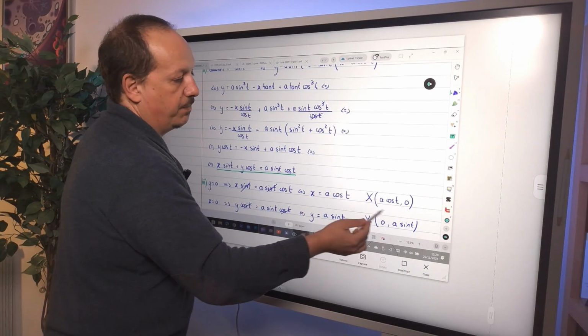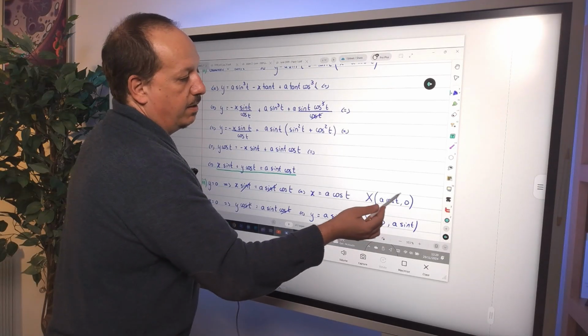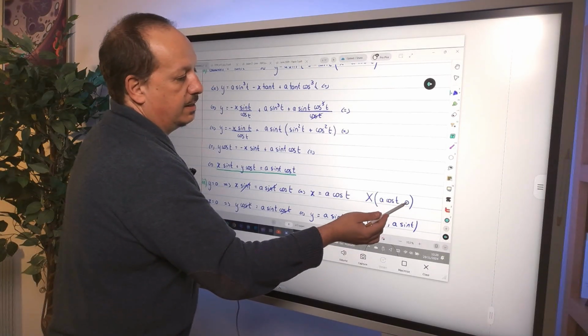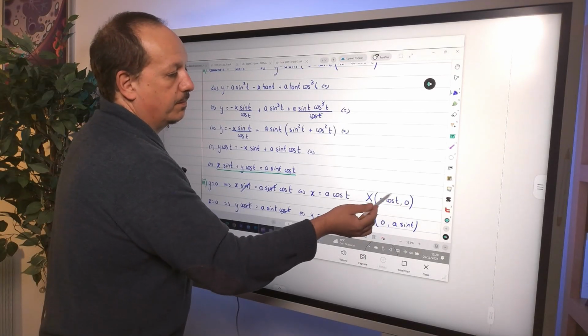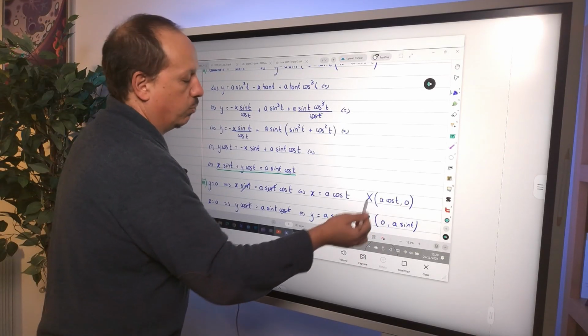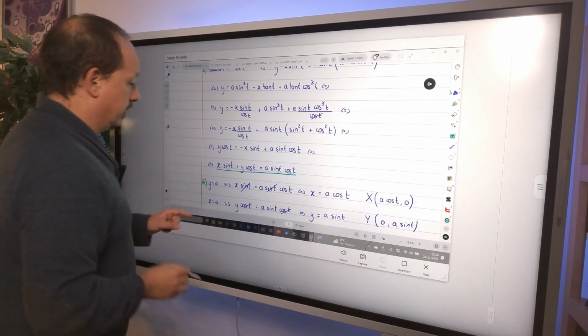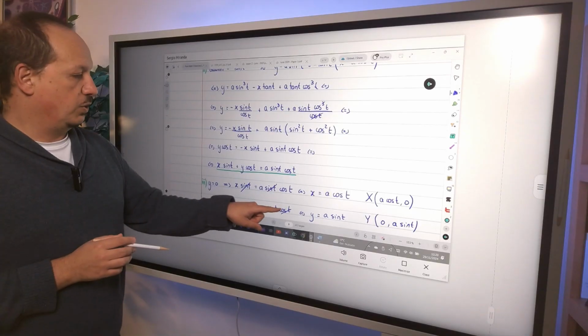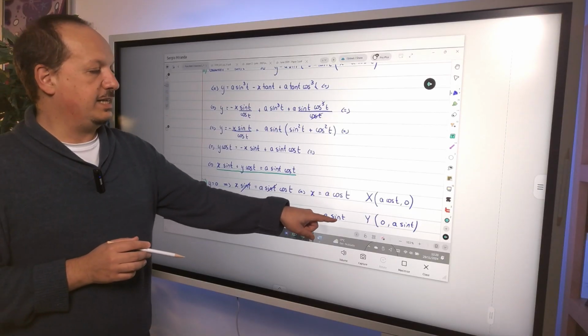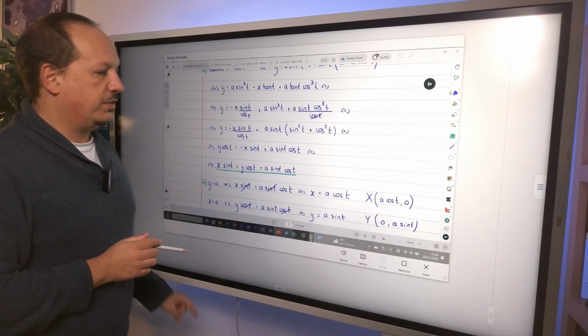So this is the x-coordinate. And for the y-coordinate, you just substitute x by 0 in this equation, solve it, and you have y equals a sine of t. So you have there the y-coordinate.